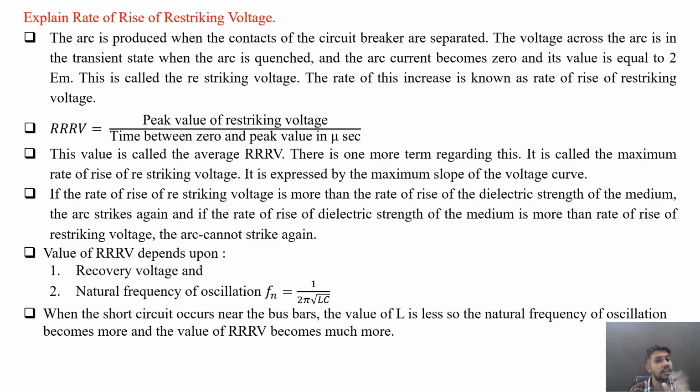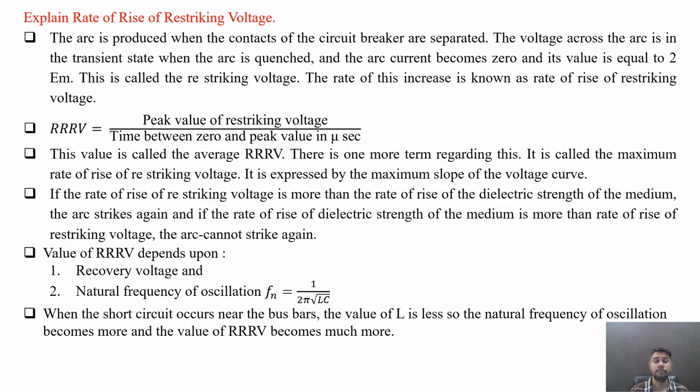This is called the restriking voltage, and the rate of its increase is known as the rate of rise of restriking voltage. RRRV can be found as the peak value of the restriking voltage divided by the time between zero and peak value in microseconds. This value is called the average RRRV.